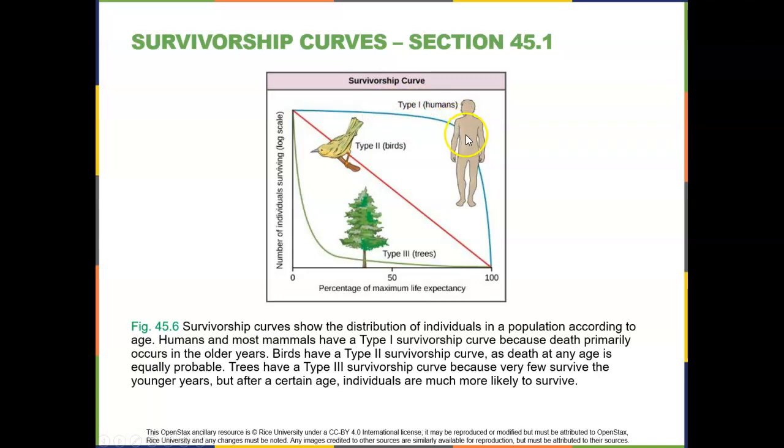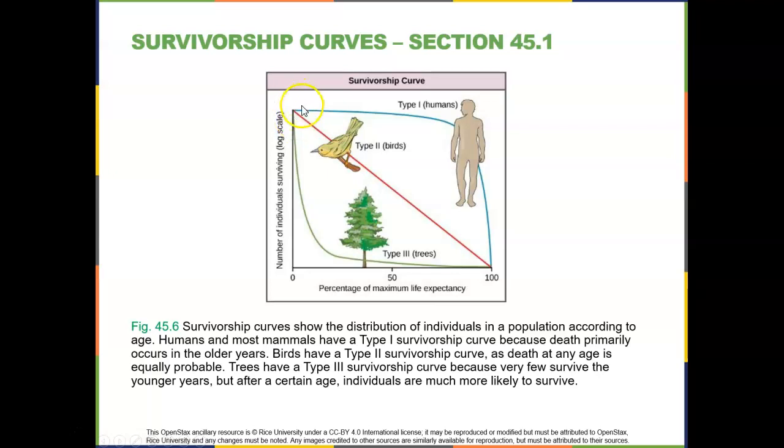And it's not until very, very older years where we see the numbers actually go down. So that's type 1. And also in humans, we have a lot of care in the early lifespan of the offspring.